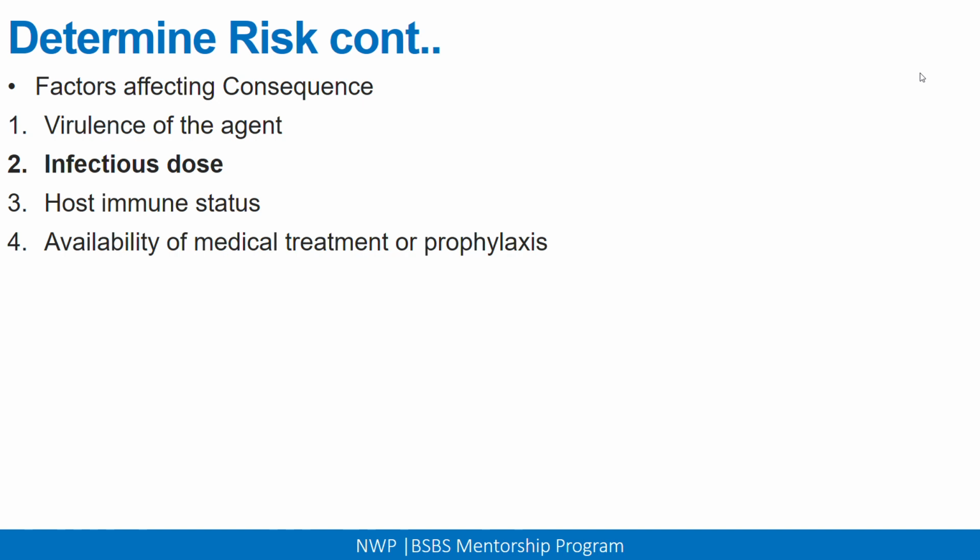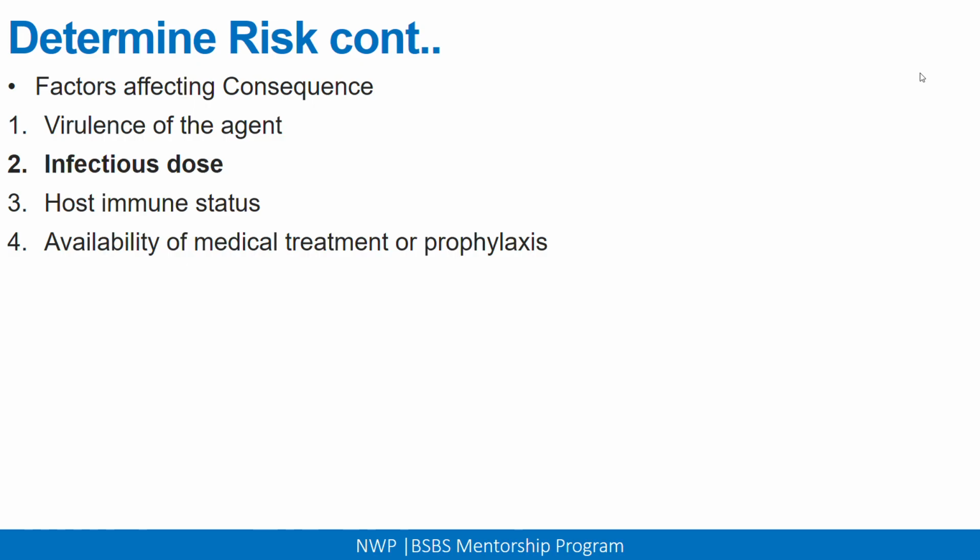So if there's treatment, the consequence reduces. But if there's no treatment, you may not get the support to expedite getting better after you get exposed, and therefore the severity and consequence after exposure will be greater as compared to an agent which has treatment.